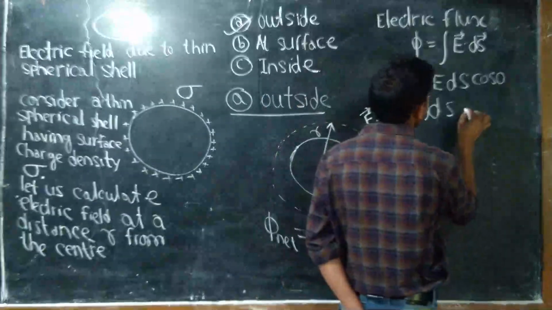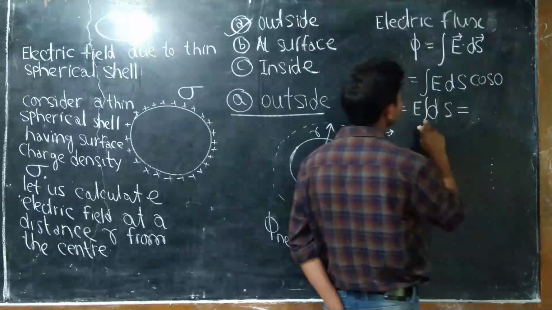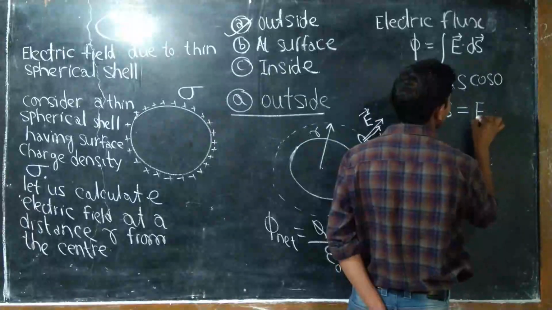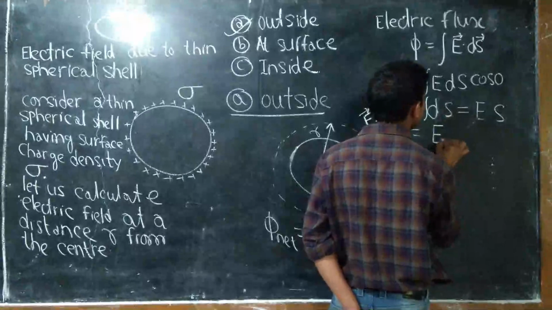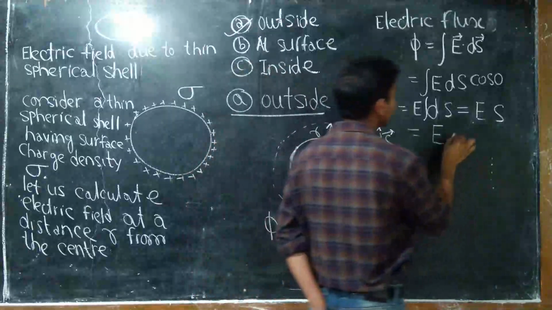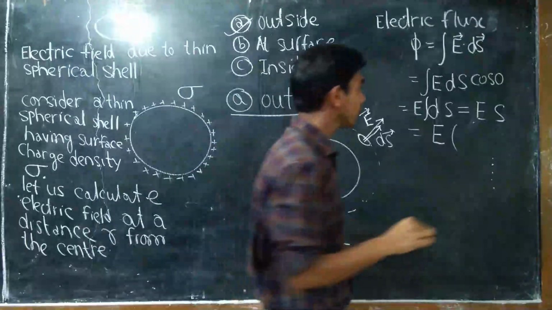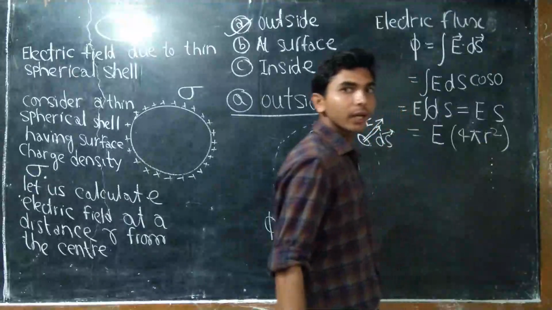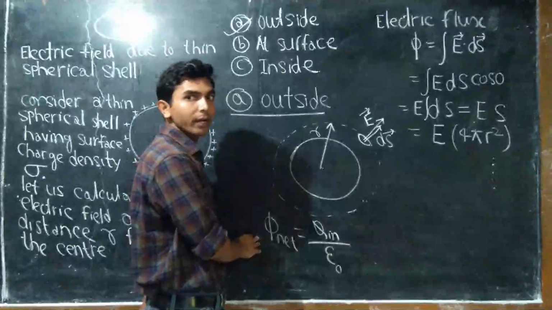The integral of ds is S, so E into S, where S is the total surface area of the Gaussian surface. This is in the form of a sphere, and the surface area of a sphere is 4 pi r square. So one thing is done: I calculated phi net.